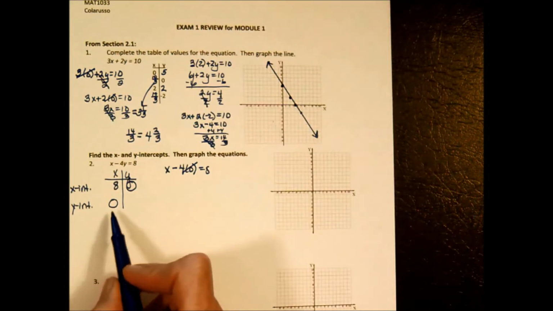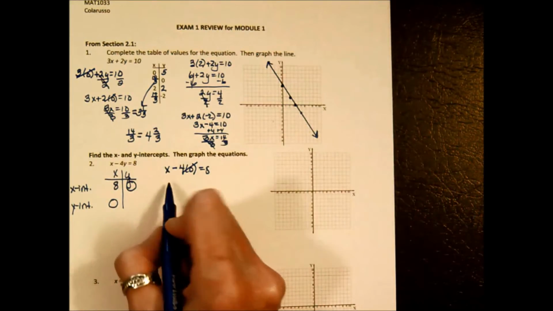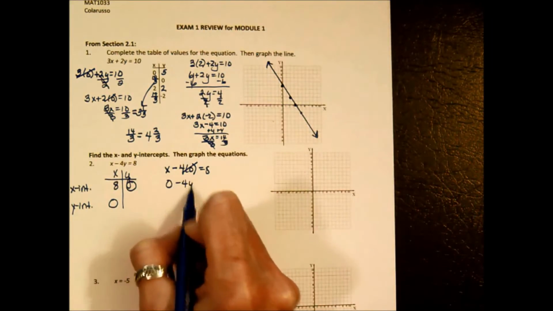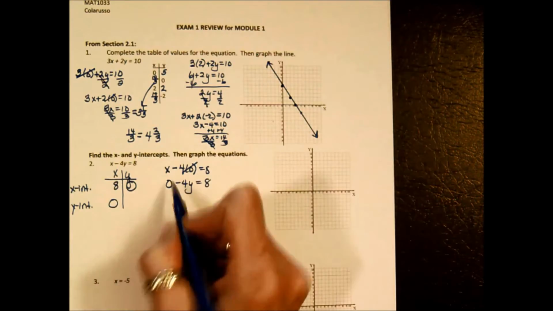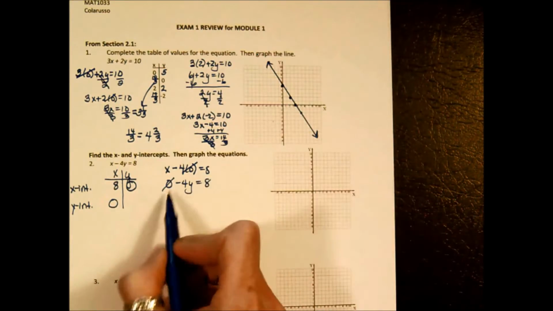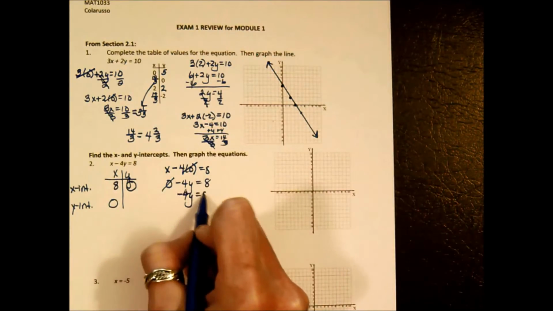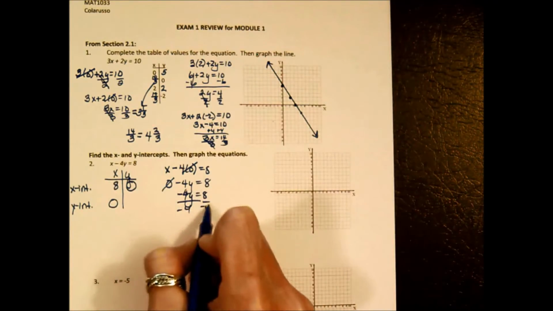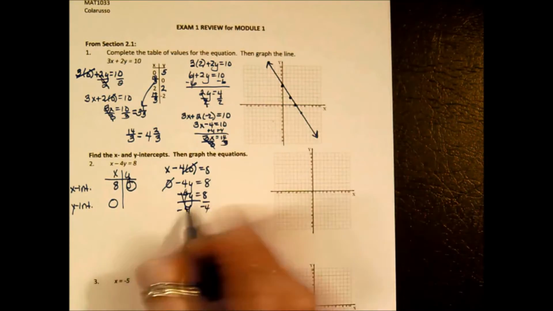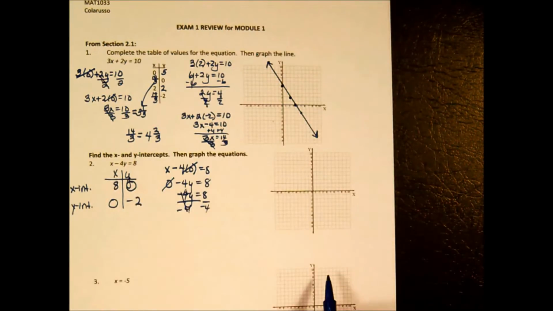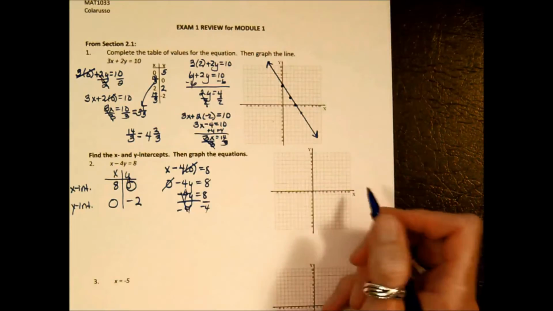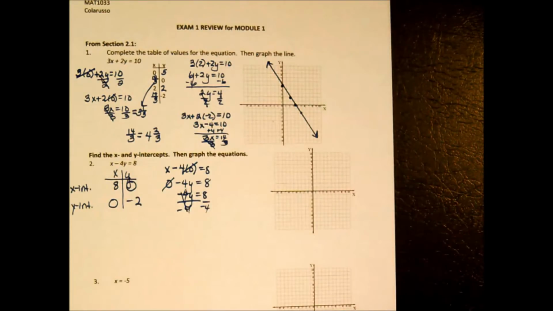Next, we're going to put the 0 in for the x to find the y-intercept, and we have 0 minus 4y equals 8. Now be careful, don't drop this leading negative sign. So -4y equals 8. I divide both sides by -4 and I get y equals -2. I can now plot those 2 points to graph my line.